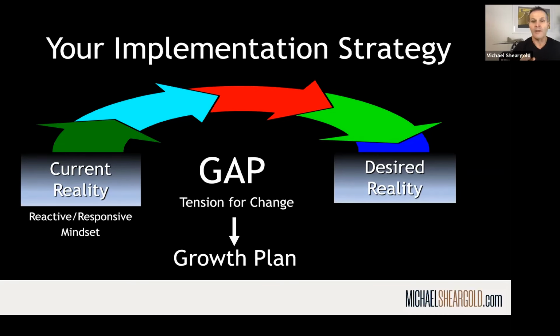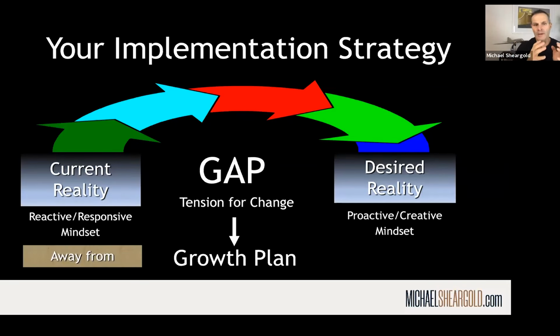On the flip side, the desired reality, when we're focused on that, is more a proactive, creative mindset where we're looking into the future. So, working in the business versus working on the business as a framework. And effectively, the reactive tension is a move away from, the proactive tension is a move towards. So that's the complete model as a framework that we're working on.